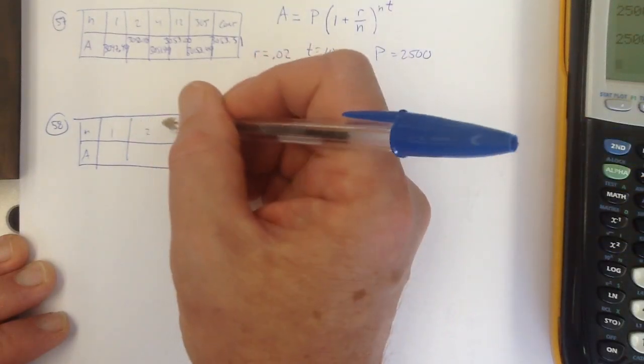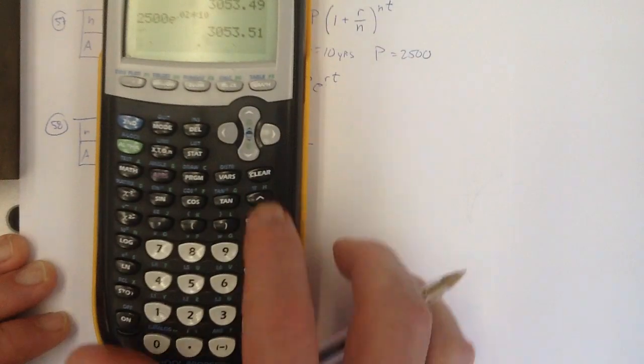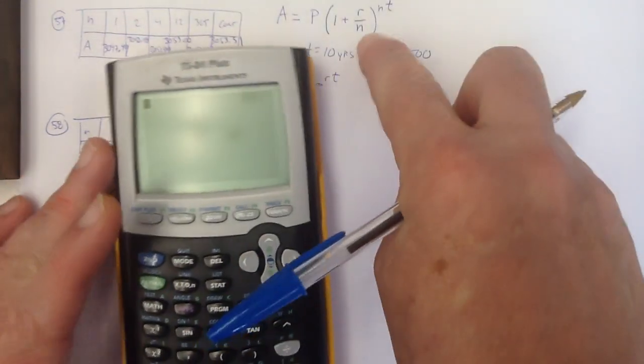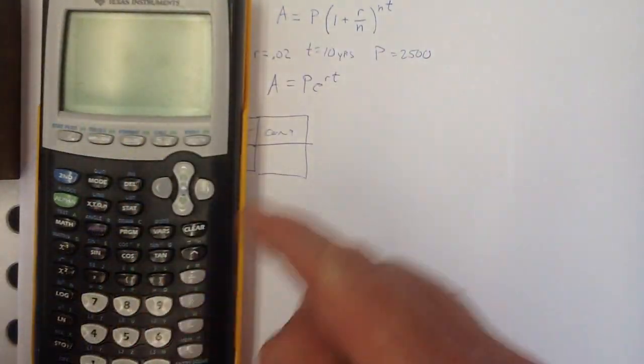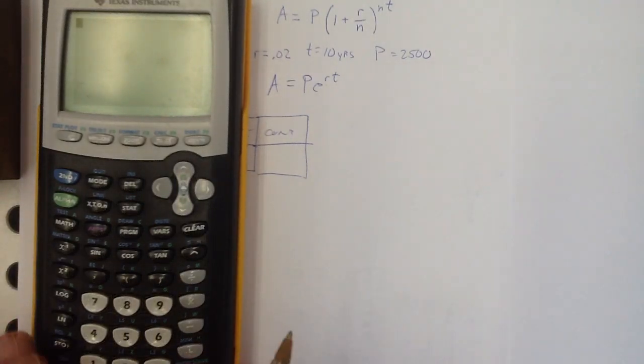Trying to leave myself a little bit more room. All right, so for this, let's try again. Now I'm going to set up this formula for this one. I'm going to try to do them quick again, but set it up in a slightly different way. You can tell me if you like this way better or not.